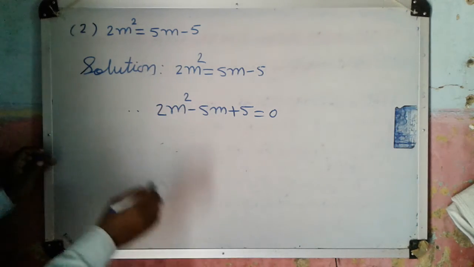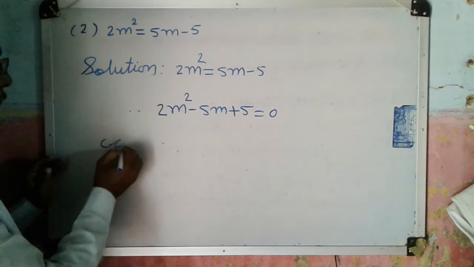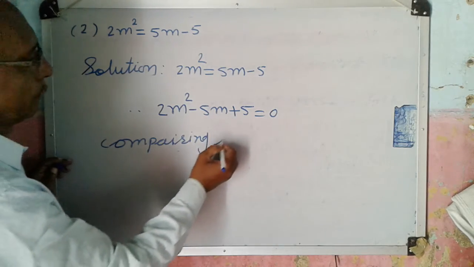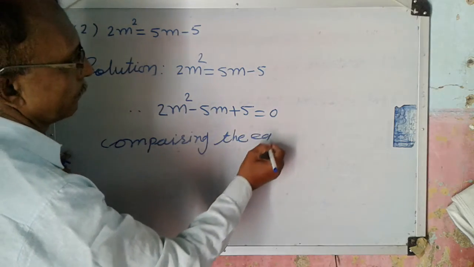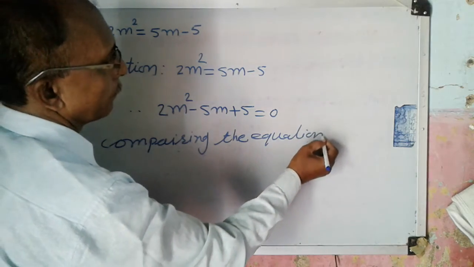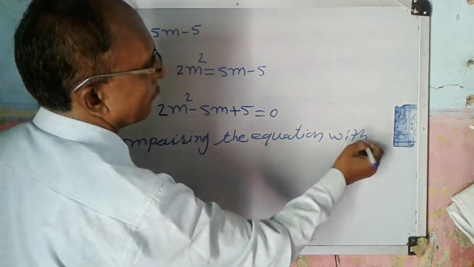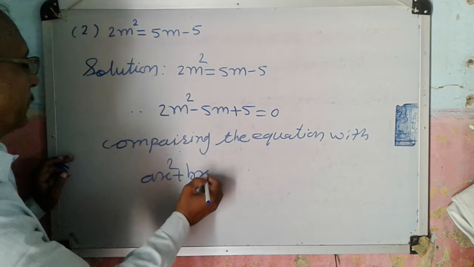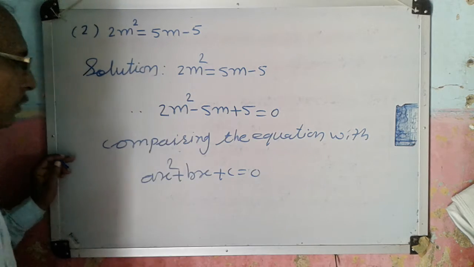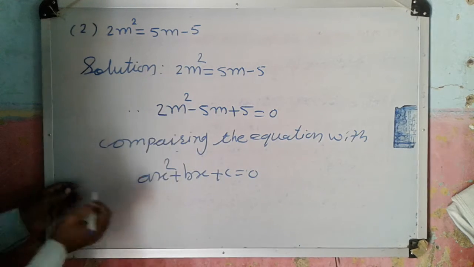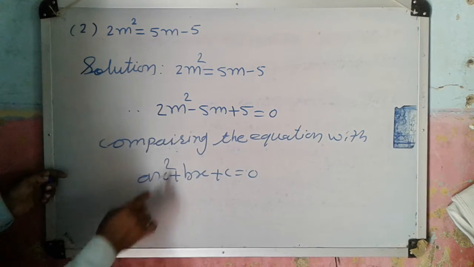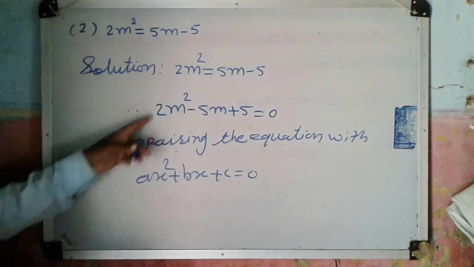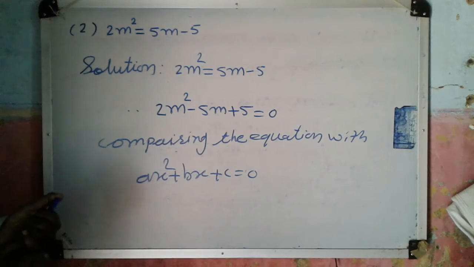Okay, now compare this equation with ax square plus bx plus c is equal to 0. Now here variable is m. Instead of x, variable is m. But the values of a, b and c are here same.